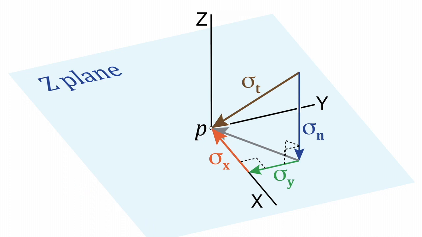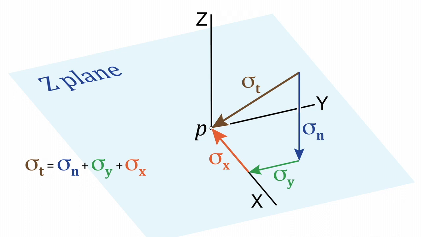So now we have the total stress vector, and we've broken it down into its three components based on the three axes of our Cartesian coordinate system. In other words, we can say that our total stress vector is equal to the sum of its three components. One is perpendicular to the plane and two are along the plane.